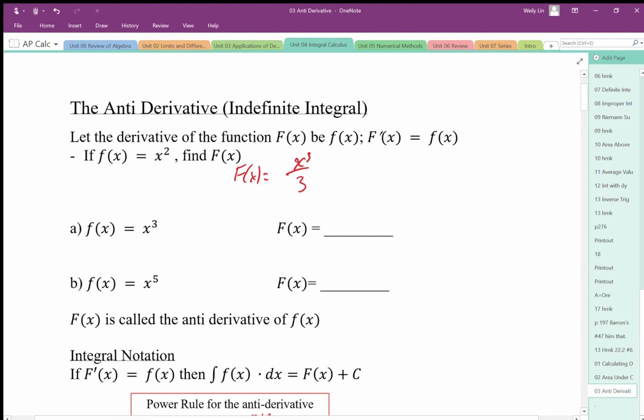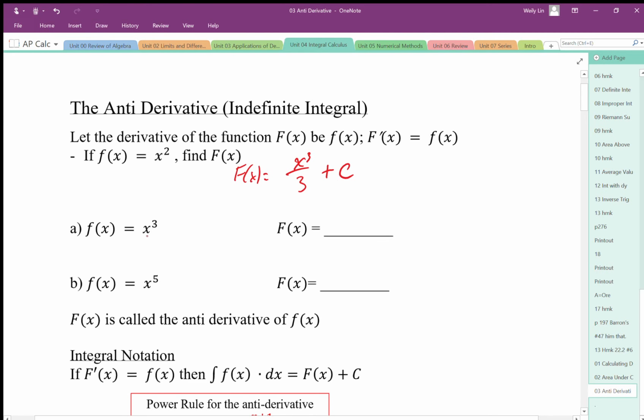So we have to make sure we account for that, and we're going to account for that with a plus c. It's really important because this is what we call an indefinite integral. We need to use a plus c because we don't know exactly the vertical positioning of that function. When we use it for area, it doesn't really matter because we just want to find displacement, but for the indefinite integral, we need the plus c.